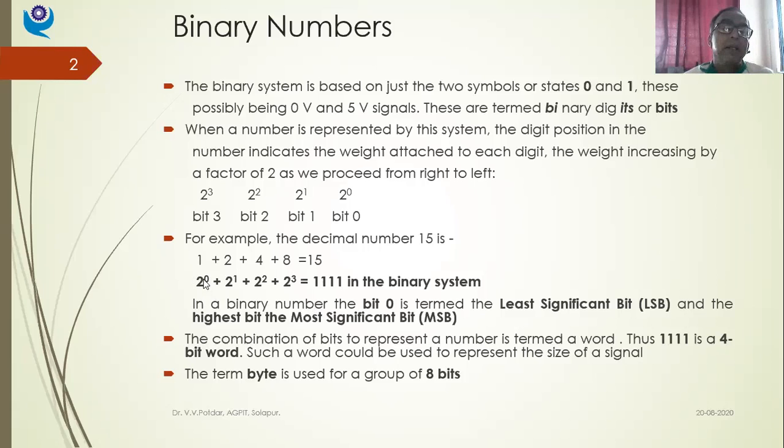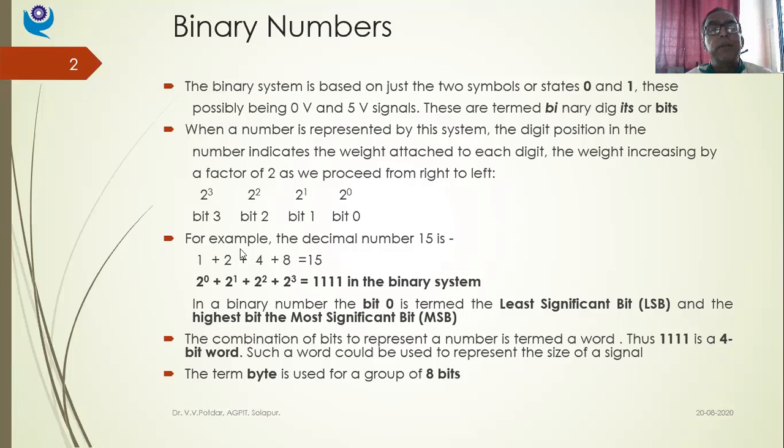Getting the point? So I have a valid number 1 corresponding to 2 to the power 0. Second number, 2 to the power 1, second bit is also existing. The 0th bit is existing, first bit is existing, second bit is existing, and third bit is existing. Isn't it?